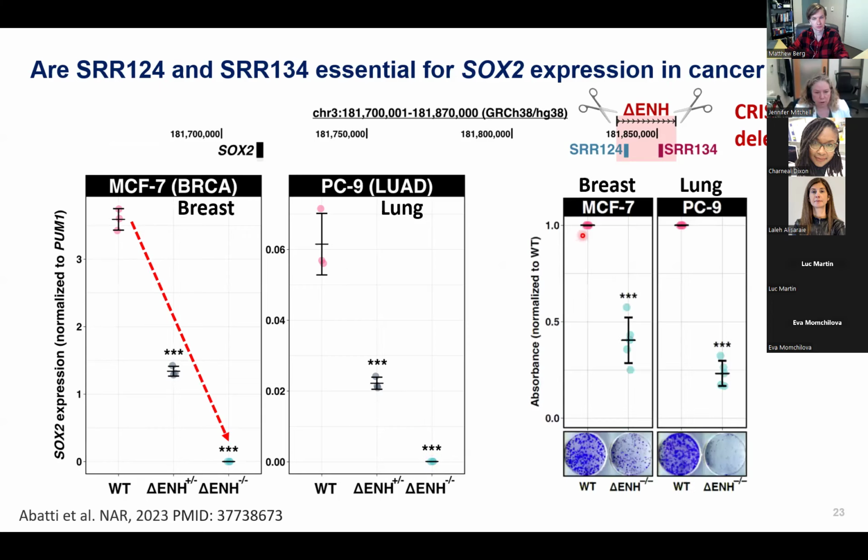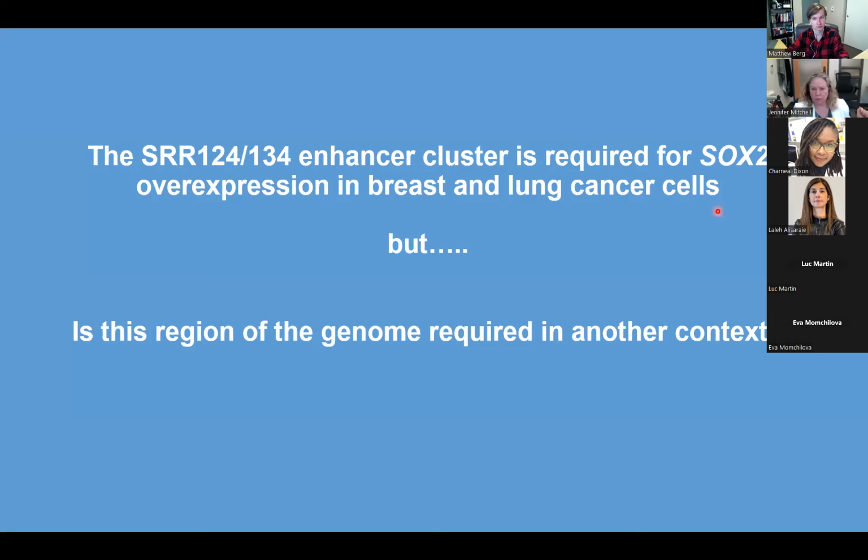We also saw reduced clonal growth in an in vitro clonal growth assay when the enhancers were deleted in both MCF7s or PC9s. And so we then concluded that yes, this region is probably driving SOX2 expression in those patient tumors that we had been looking at earlier. We concluded that this enhancer cluster is required for SOX2 overexpression in breast and lung cancer cells.